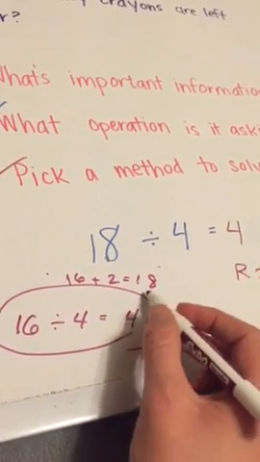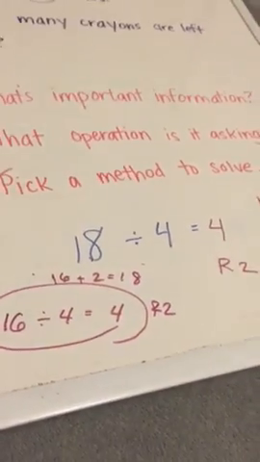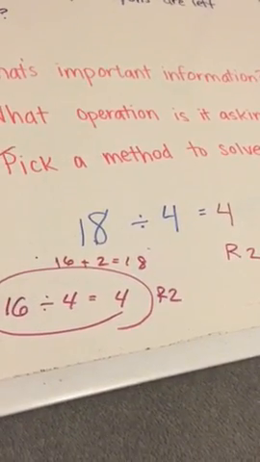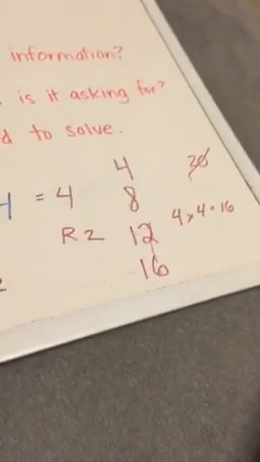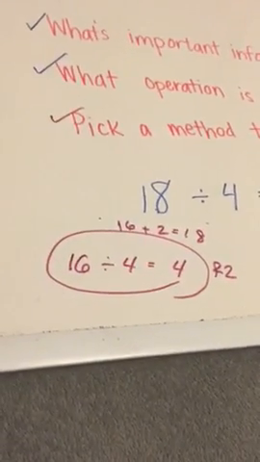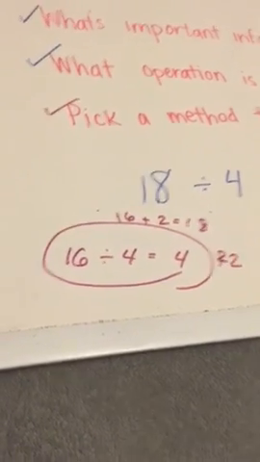That's going to be 4 groups plus 2, remainder 2. Okay? So, there you have it. You could do a picture, you can do skip counting, or you can use your fact families, use your multiplication facts, your knowledge of that.